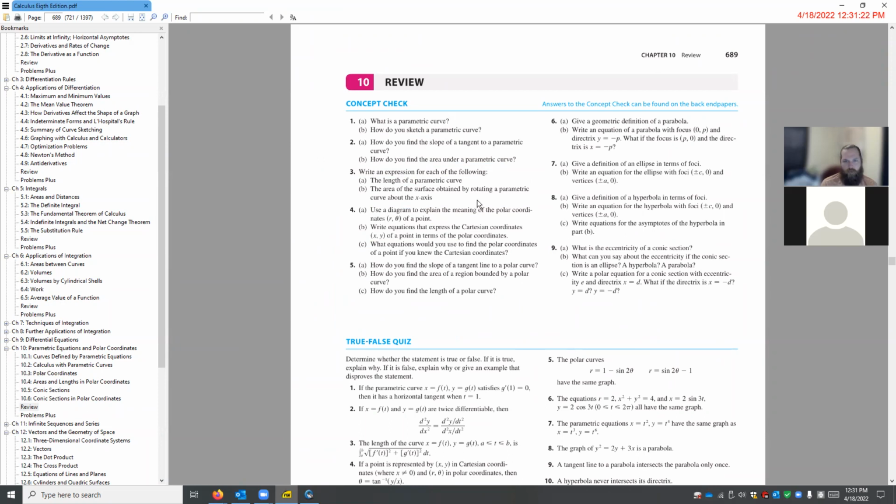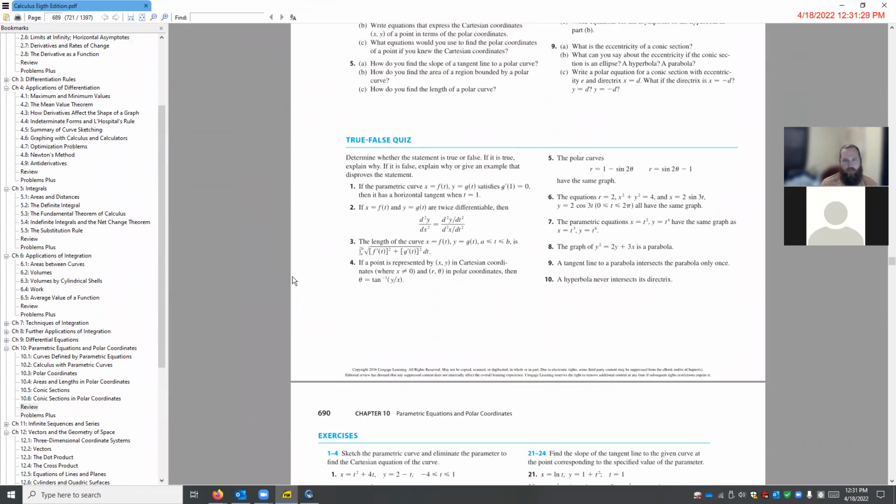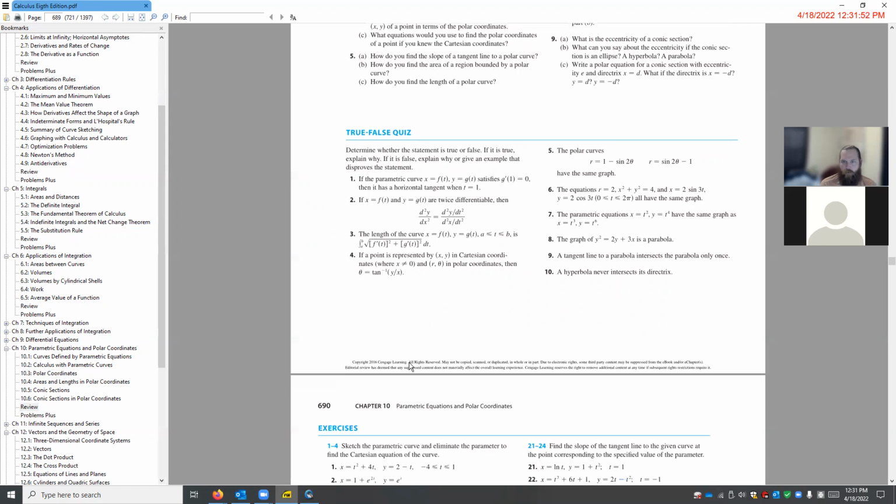Problems 1 through 5 here in the concept check. Problems 1, 3, 4, 5 in the true false.